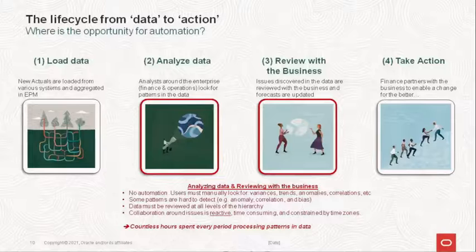But the analysis part, the reviewing part and the taking of action part was all done by the analyst, sitting there and trying to look at all the data and the patterns, whether you're doing well on revenue or cash or whatever it is you want to analyze. And that took a lot of time. That look also was not giving you the right perspective of what the data is conveying.